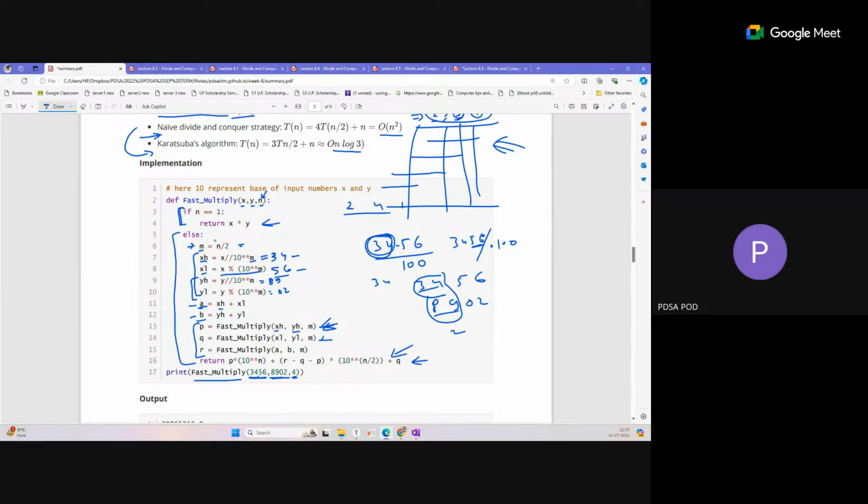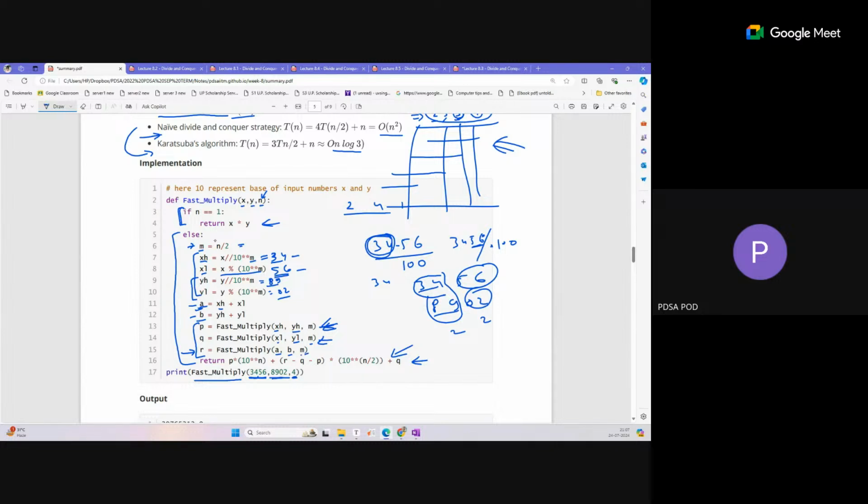Now this is another call. We again pass xl, yl, and m, that means these values and size 2. m is representing the half size. These are 2 recursive calls, and another recursive call we make in the same way. Here we are passing a and b. After getting the half parts, 34 plus 56 is the a value, 89 plus 02 is the b value, and then we pass these with the same size.